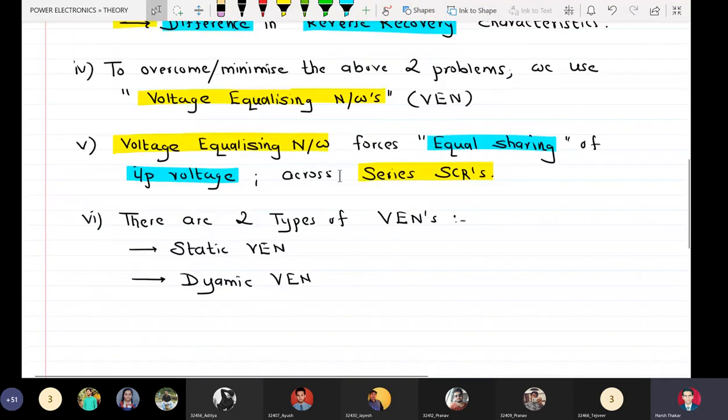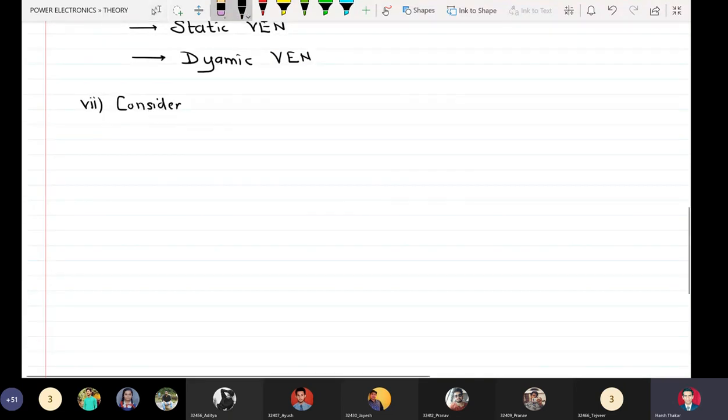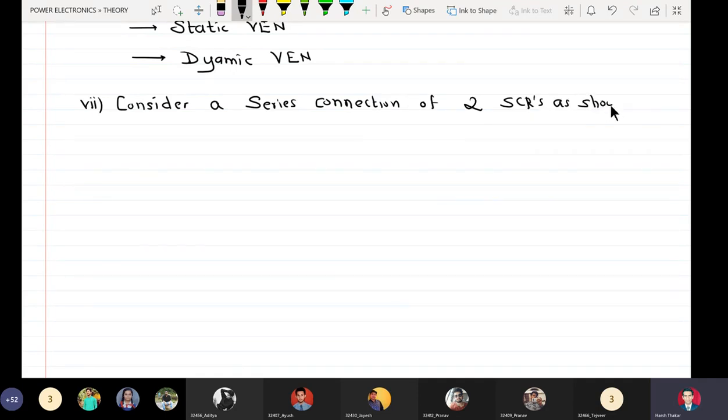Consider a series connection of two SCRs as shown below.